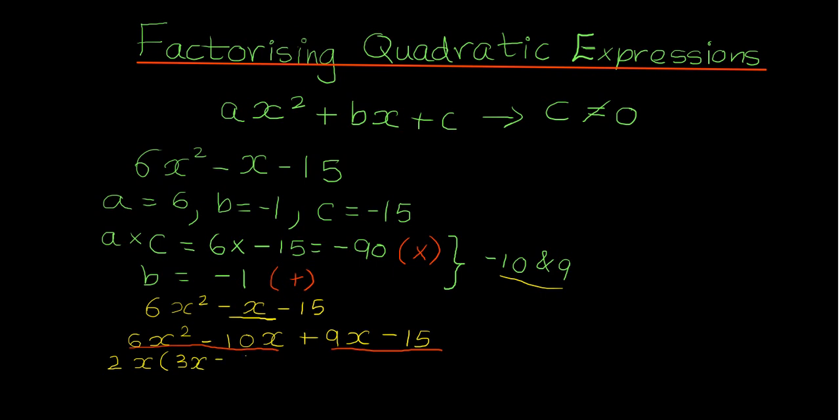Okay, and here I'm going to factorize this part of the expression separately. So 9 and minus 15, sorry, the highest common factor is 3. In brackets I'm going to have 3x minus 5.